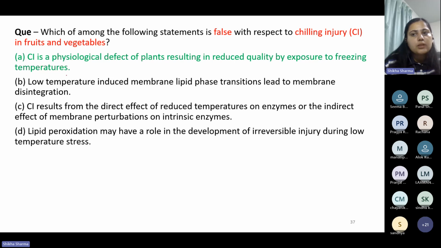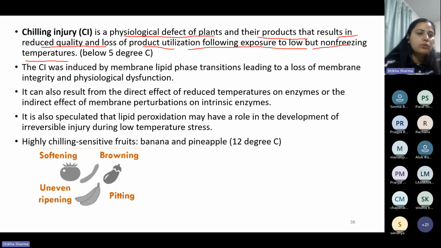Since option A says freezing temperature, which is not correct. It is low temperature, but not the freezing, which is 0 degree. It is greater than 0 degree, and maybe less than 5 degree or 10 degree. So the chilling injury is induced. Because of chilling injury, membrane lipid phase transitions happen, which further lead to the loss of membrane integrity and physiological dysfunction.